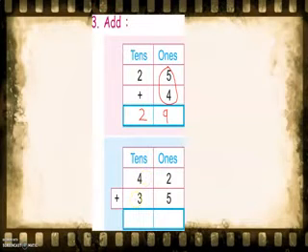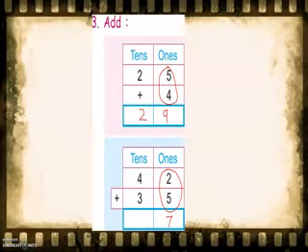Now we'll see one more question. 42 plus 35. You have to put the numbers in the correct places, in ones and tens places, and then add. The ones place digits are 2 and 5. We know that we have to add the ones place digits first, and only then go to the tens place. 2 plus 5 is, yes, 7.